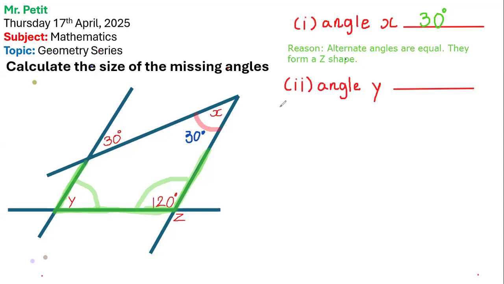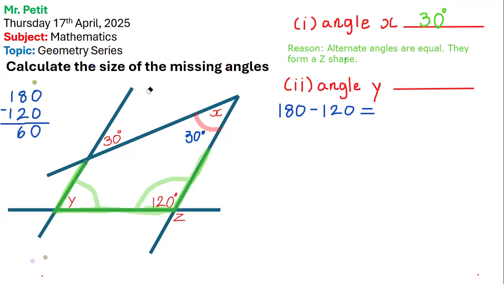In order to get Y, we have to say 180 degrees minus 120 degrees equals. 180 degrees minus 120. 0 minus 0 is what? 0. 8 minus 2 is what? 6. Very good.